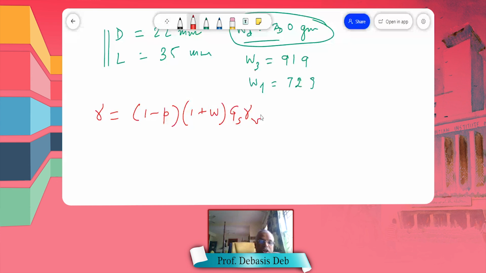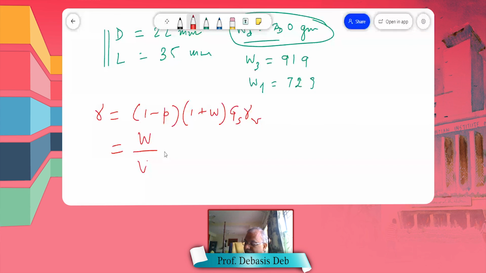Now, you will always start from the very basic principle, or the basic definition here, that gamma is nothing but W by V.